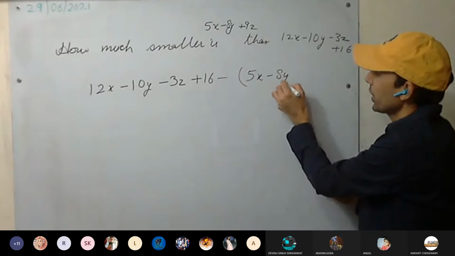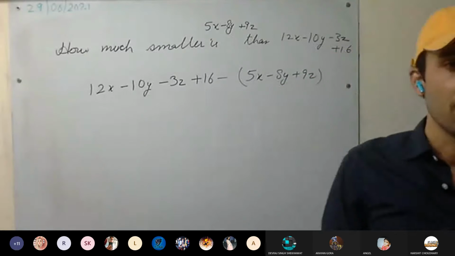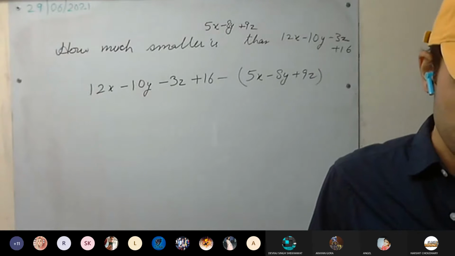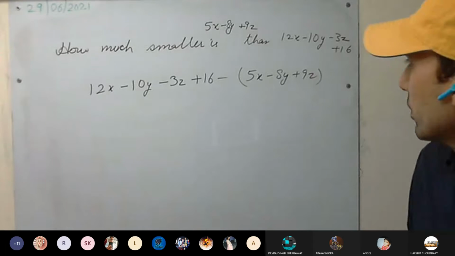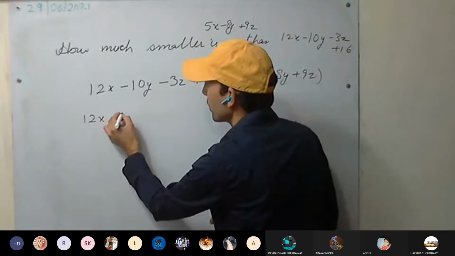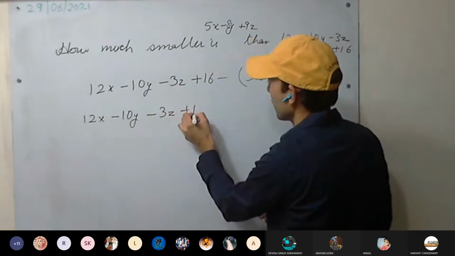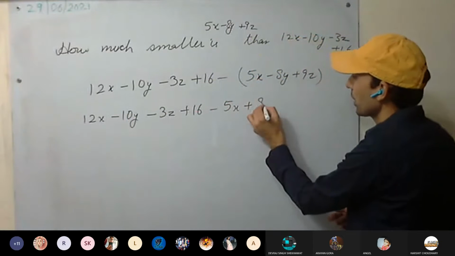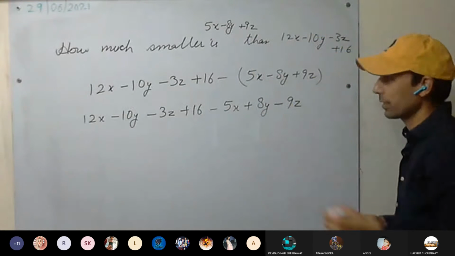5x minus 8y plus 9z. Open the bracket and solve, everyone. It will be minus 5x plus 8y and minus 9z.